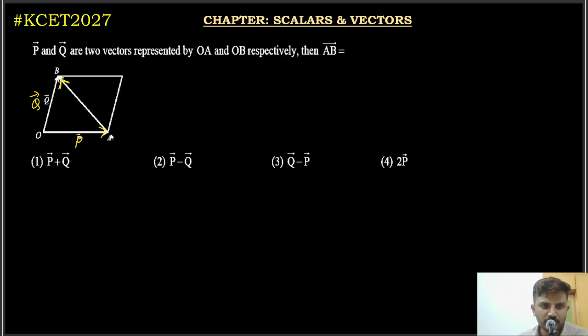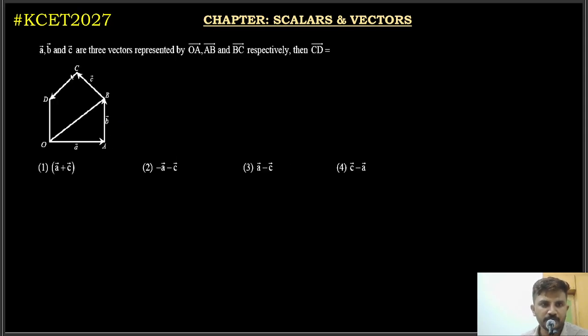So I will just reverse OA to minus P. Then according to triangular law of vector addition, AB vector is equal to Q vector minus P vector. So they are asking for AB, the answer is Q minus P, that is option 3 is correct.